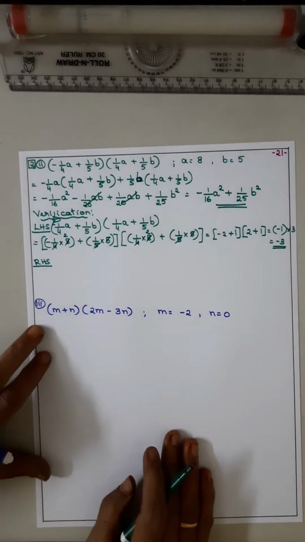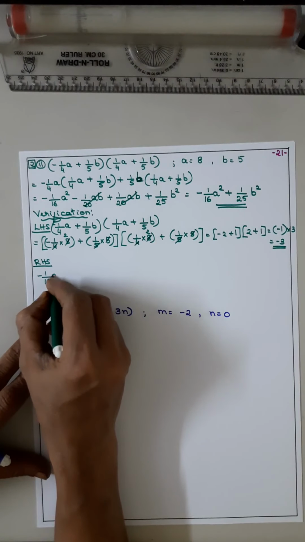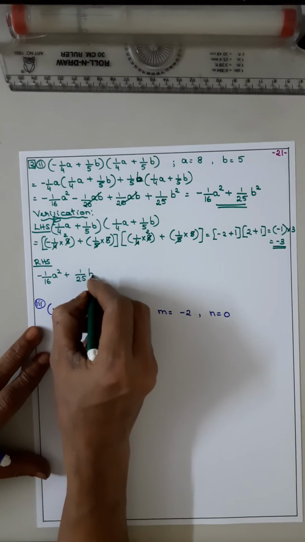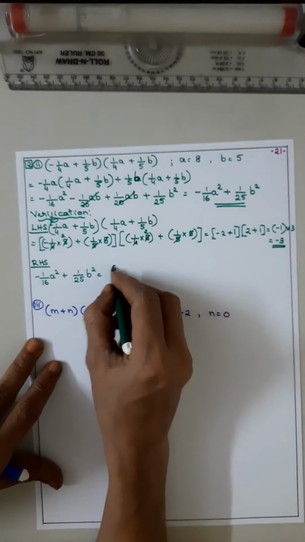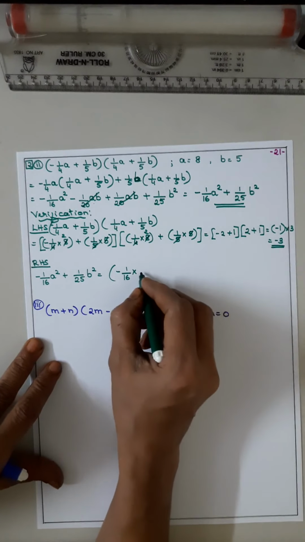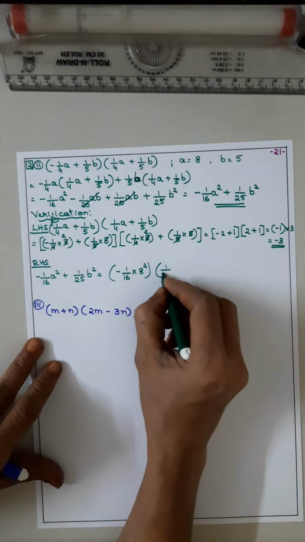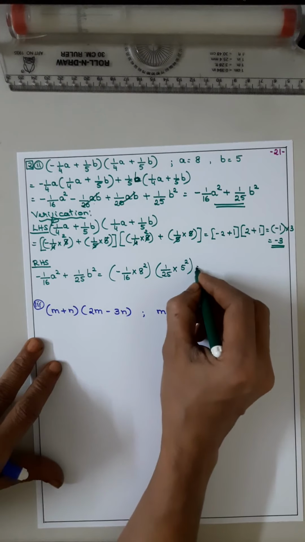RHS, it is the answer. What is it? Minus 1 by 16 a squared plus 1 by 25 b squared. Put the values. Minus 1 by 16 into a squared is 8 squared. Now 1 by 25 into b squared is 5 squared.